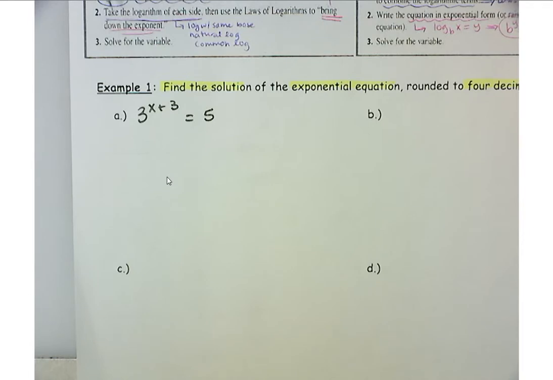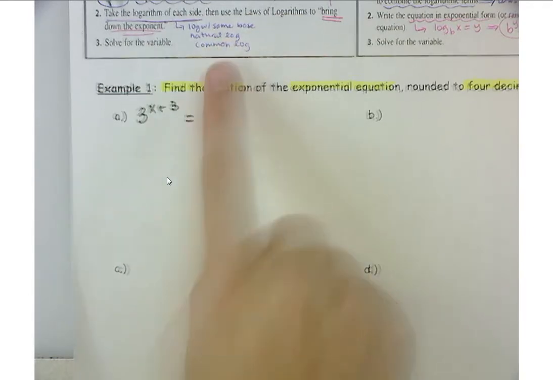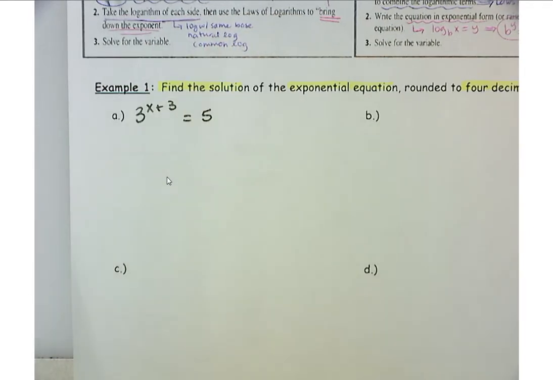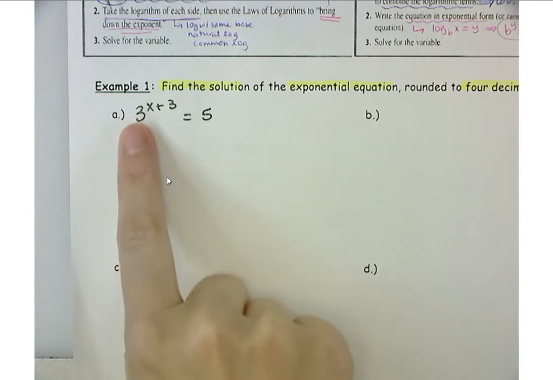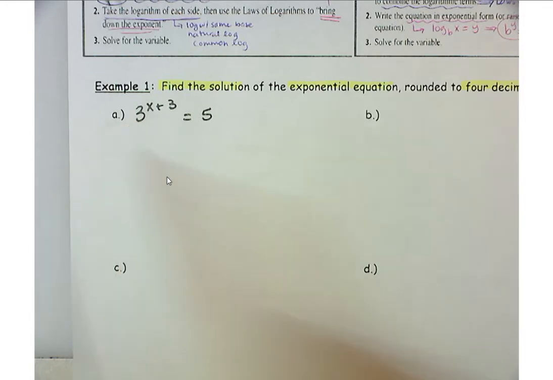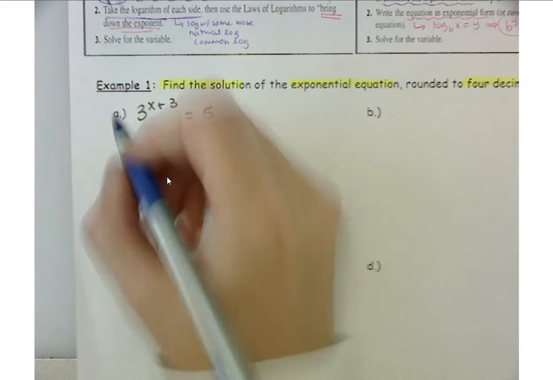Alright, so like I said, you can choose which log you want to take. You can have a log with the same base, you can have a natural log, or you can have a common log. Really for this, if you use the log with the same base, that's nice because it'll cancel out. So because your base here is 3, let's take log base 3 of both sides.